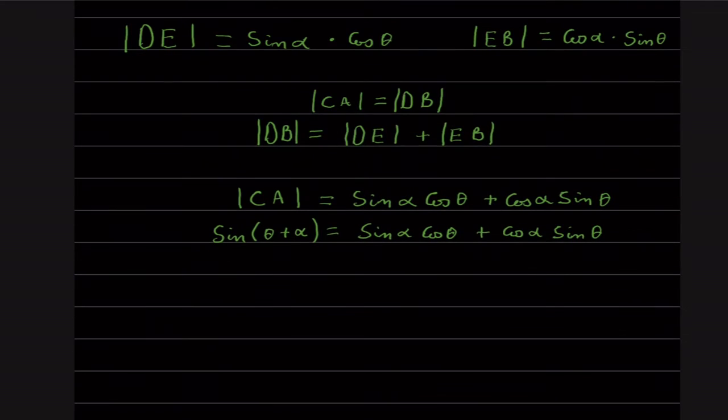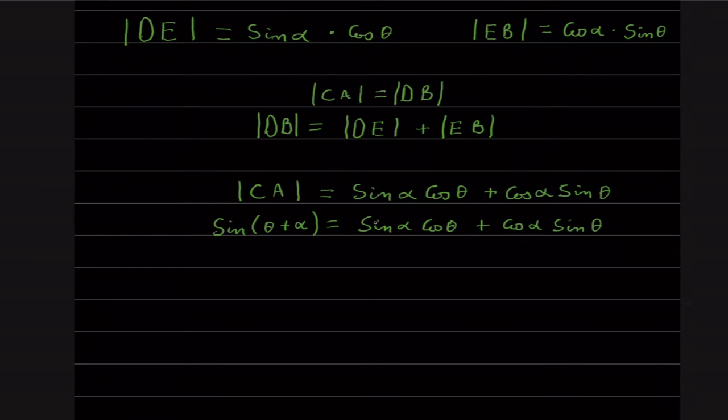Most of the time it's better to write it this being here and this being here to avoid confusion when you're having negative angles. So it's better to write it like this: sine theta plus alpha is equal to sine theta cos alpha plus sine alpha cos theta.